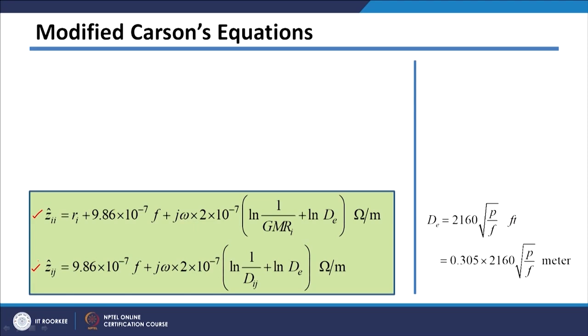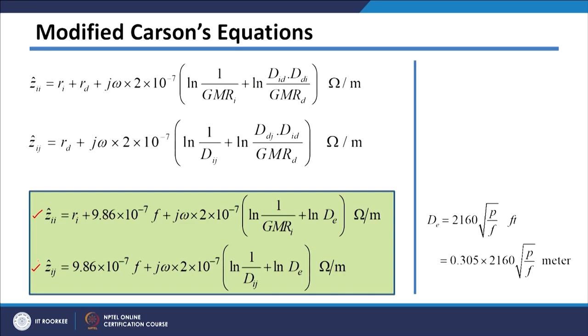And if you compare these equations with our equations which we derived in the case where there are earth currents, we can see that this term was not available to us, as well as these two terms were not available to us. And Carson has given these terms in terms of frequency.